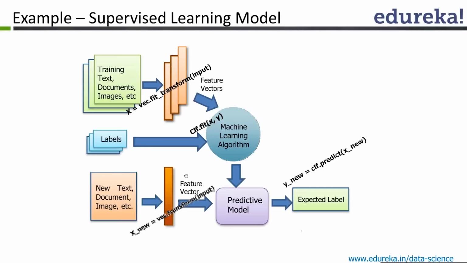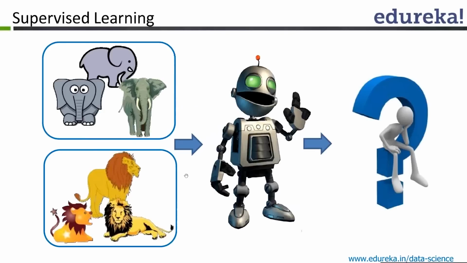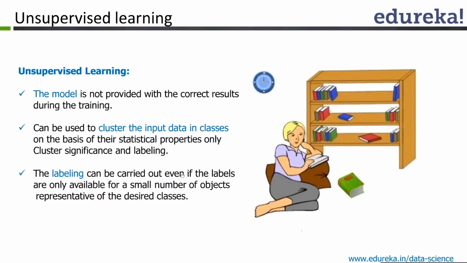Okay, so that's about the supervised learning. Now, the next class is the unsupervised learning. So it's pretty much exactly the same as supervised learning, except that you don't have label information or you don't have the desired result for each record. So this model is not provided with the correct results during the training phase.